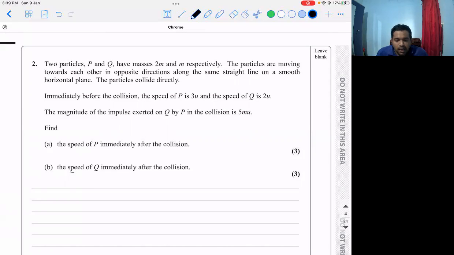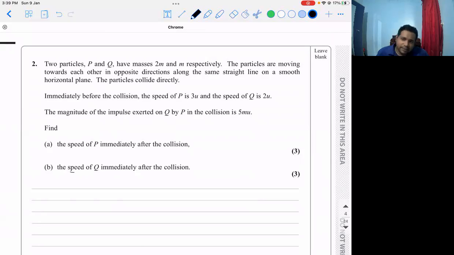The particles are moving towards each other in opposite directions along the same straight line on a smooth horizontal plane. The particles collide directly. Immediately before the collision, the speed of P is 3u and the speed of Q is 2u. The magnitude of the impulse exerted on Q by P in the collision is 5mu.